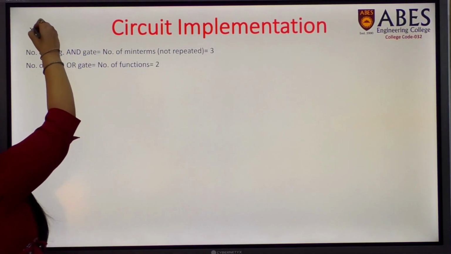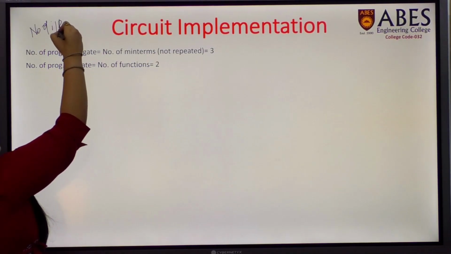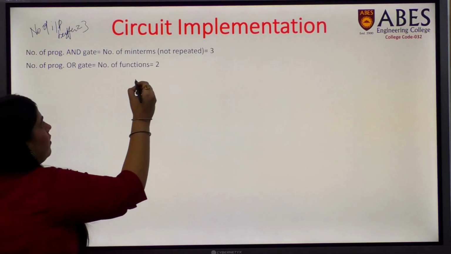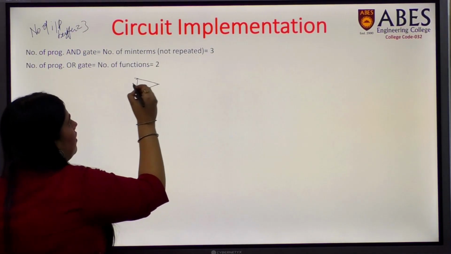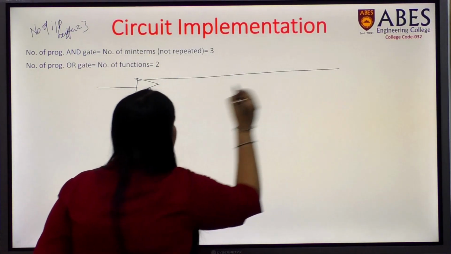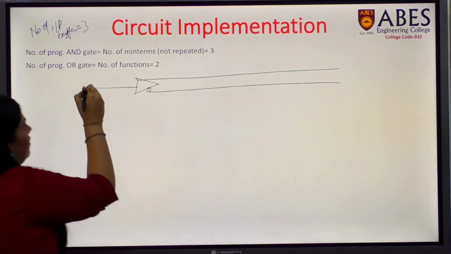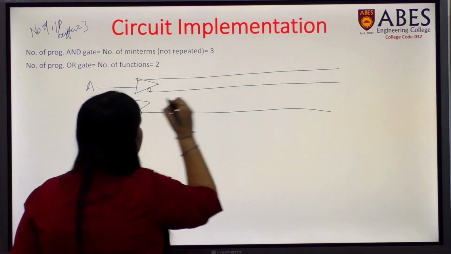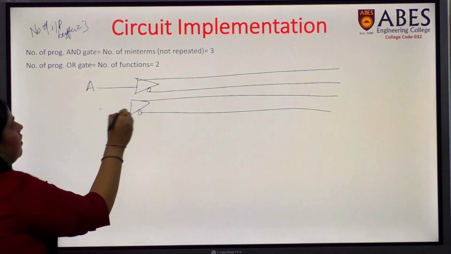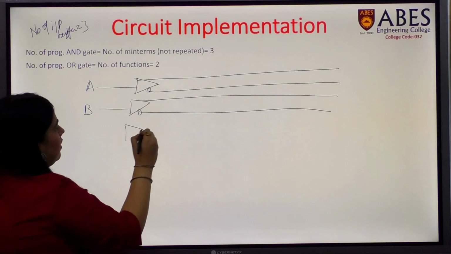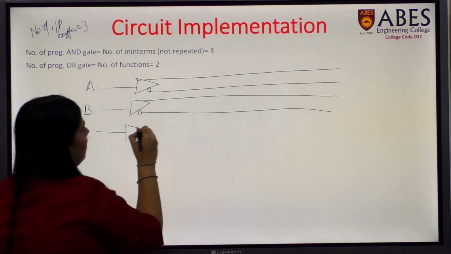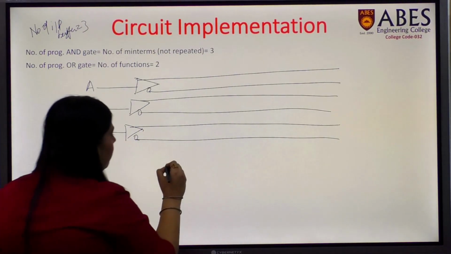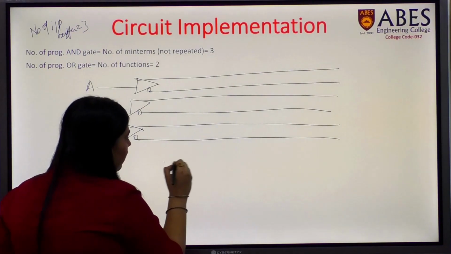So how many input buffers? Already discussed, we require 3 input buffers. This one for A. This one for B. And this one for C. And now, how many AND gates do we require?